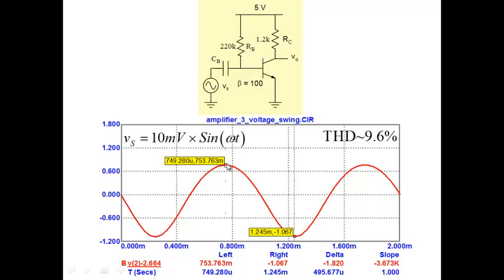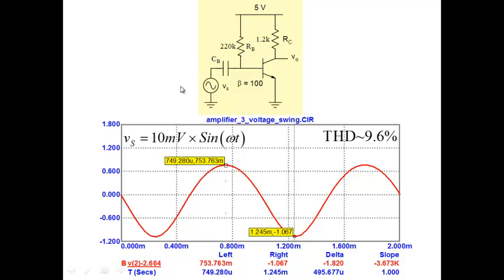The positive peak is only 0.75 and the negative peak is -1, which indicates significant harmonic distortion. Through the simulator, we find it is 9.6%. So almost all of the 10 millivolt of input goes across the base emitter junction and gives rise to 10% harmonic distortion.